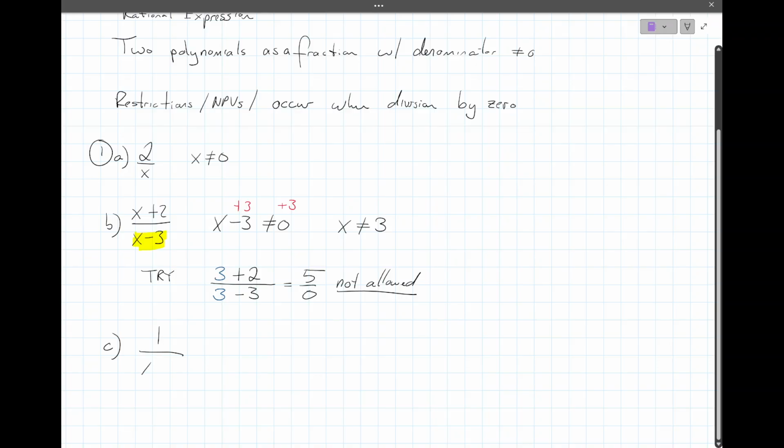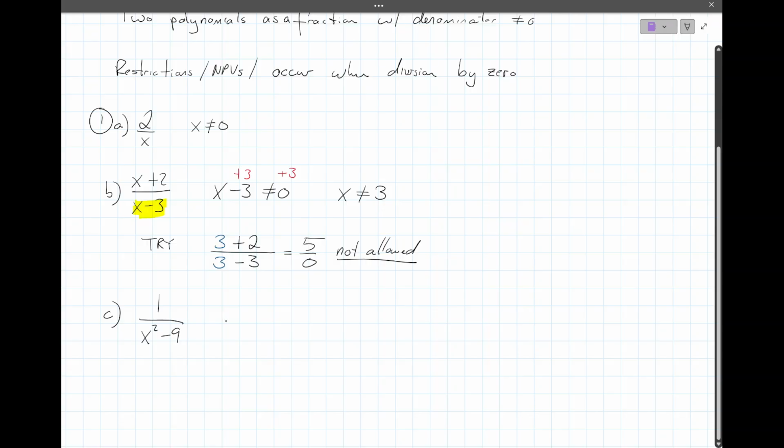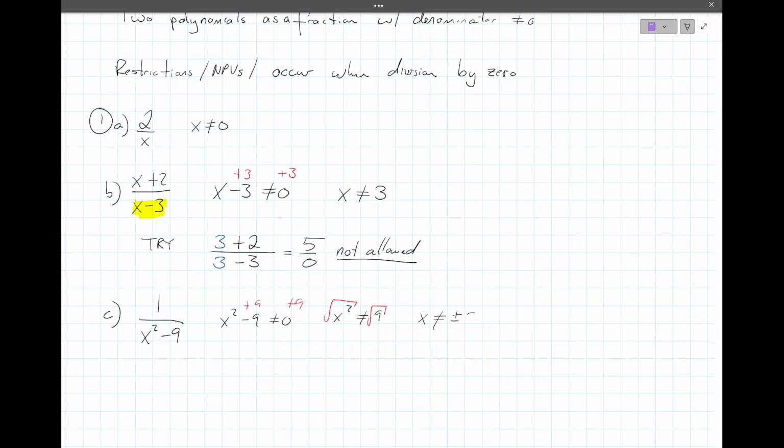So if I have 1 over x squared minus 9, that's not immediately obvious, but we can say x squared minus 9 cannot equal 0. You can do this two ways. You can solve it as a radical: x squared cannot equal 9, and since I have a variable, my answer will result in plus or minus, so x cannot equal plus or minus 3.